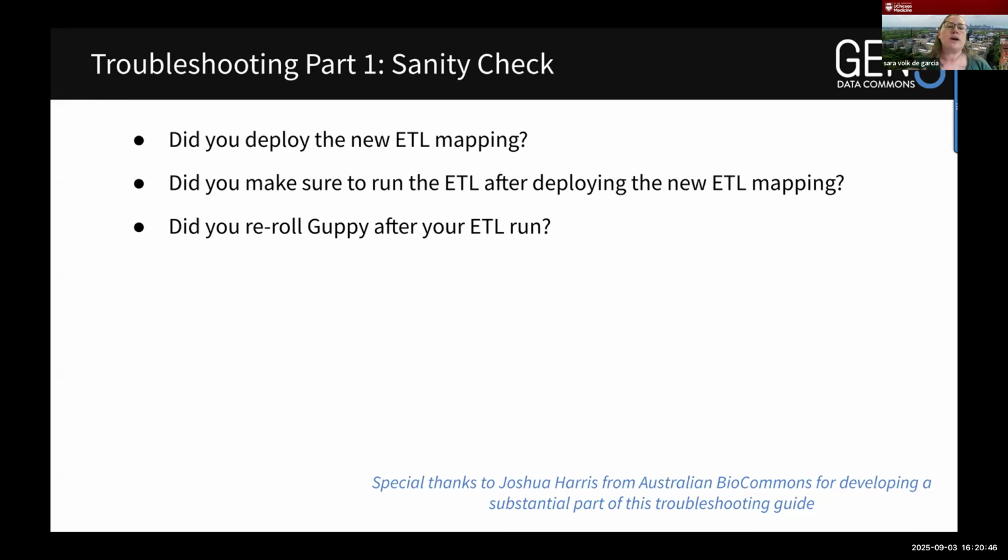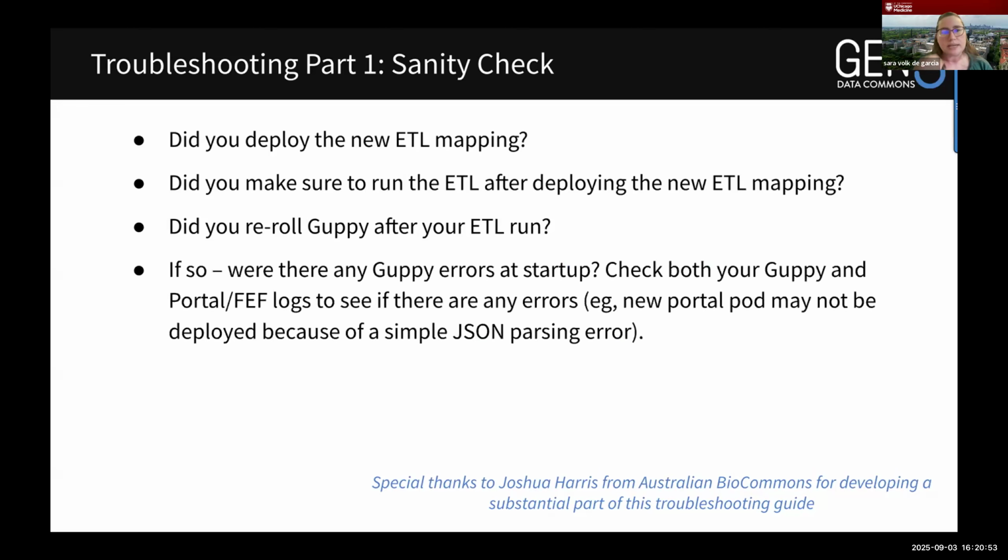Also, did you re-roll Guppy after your ETL run? If your indices have new data, you need to make sure that Guppy is bringing in that new data. So if you did re-roll Guppy, did you look to see whether there were any Guppy errors at startup? You can check both your Guppy and whether you're running Portal or front-end framework, you can check those logs to see if there are any errors.